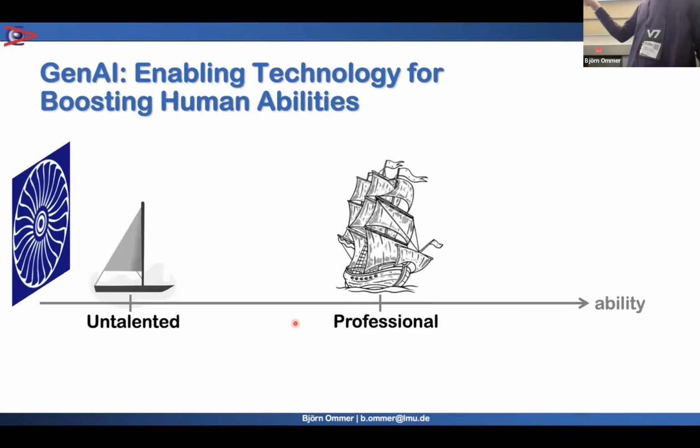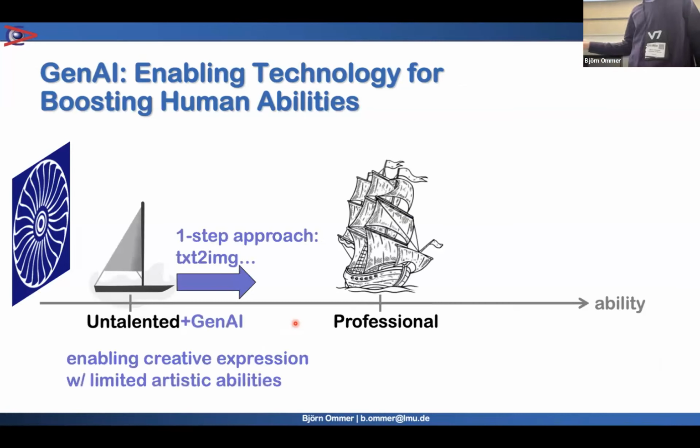My understanding is that generative AI is an enabling technology, a very powerful one for boosting human abilities. You can take the untalented and, with AI, with very simple approaches, one-step approaches, just text to image, enable creative expression for those who did not have it with limited artistic abilities and boost their potential.